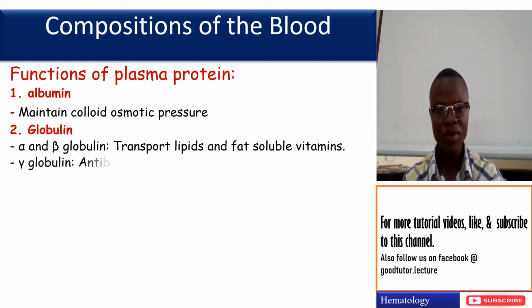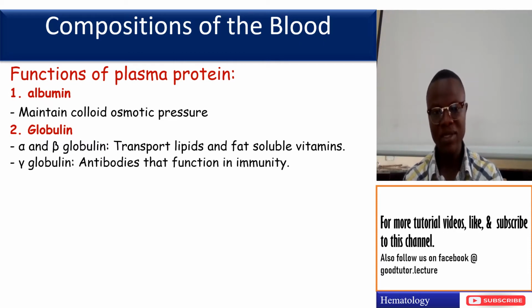The remaining one, which is the gamma globulin, functions as antibodies in the immune system. So you've heard about the immunoglobulin. This is where most of these proteins form and they function in the regulation of the body's immunity.